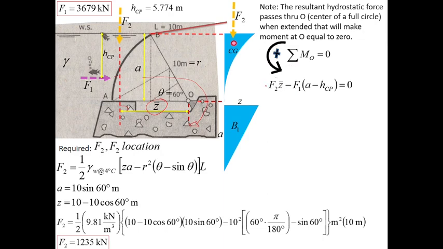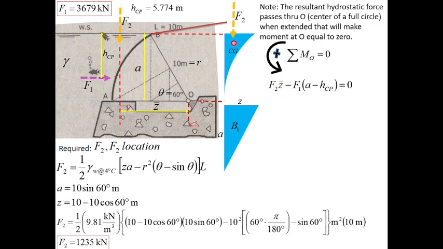Ito yung F2. Ang moment niyan with respect to O ay direction niya is counterclockwise. Kung counterclockwise, positive. So F2Z.